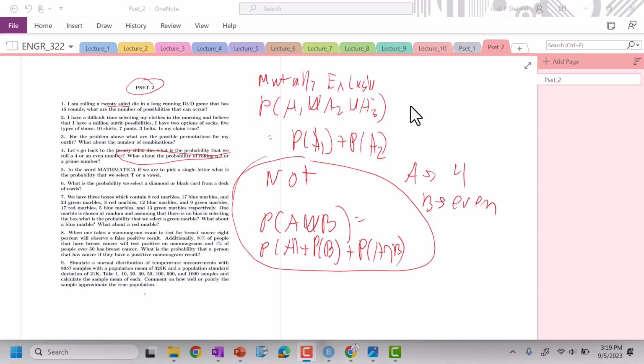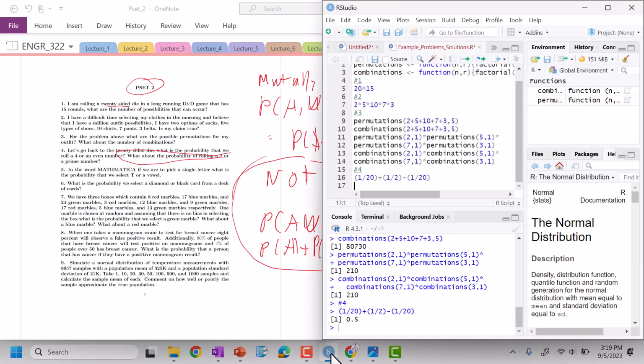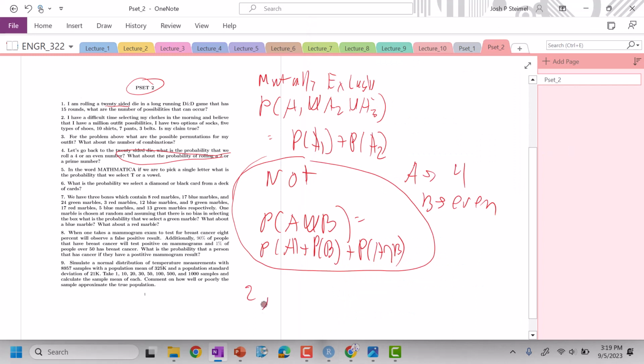The next problem is, what about the probability of rolling a 2 or a prime number? These are also not mutually exclusive events, and so 2 is going to be A, so the probability of rolling a 2 is 1 out of 20. The probability of rolling a prime number, so let's take a reminder. What are our prime numbers? Our prime numbers are going to be 2, 3, 5, 7, 11, 13, 17, and 19.